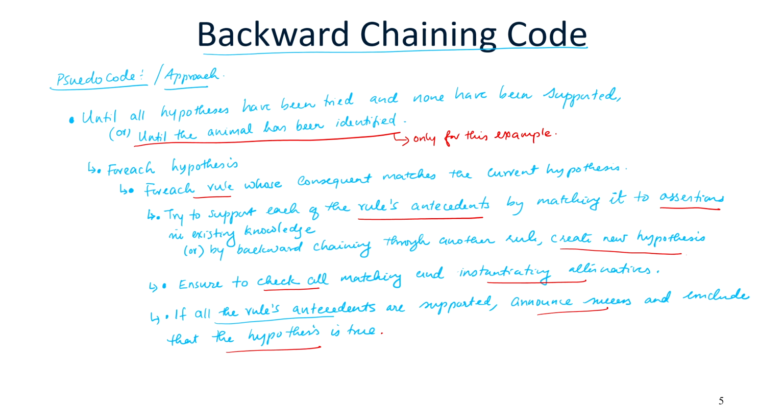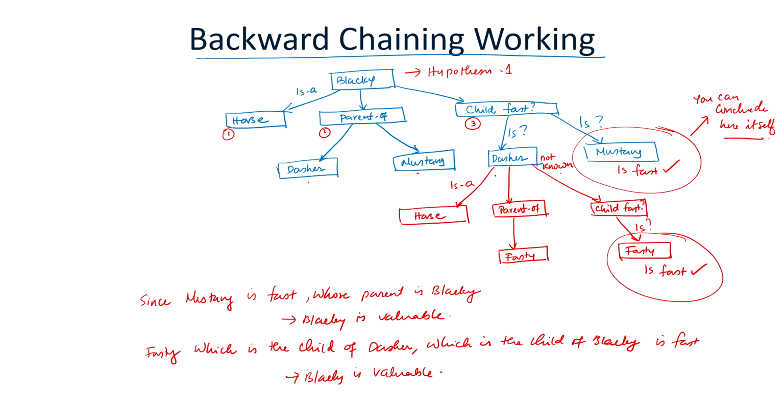But we also say, ensure to check all matching and instantiating alternatives. We need to look into that. So, there is hypothesis 2 here, because there is something we do not know about Dasher. So, we need to look a little bit more into it. So, this will complete.